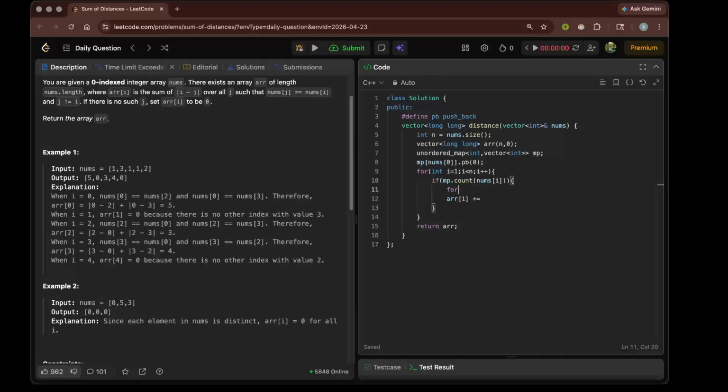It is a vector, and we should add, what? I'm using i, j.